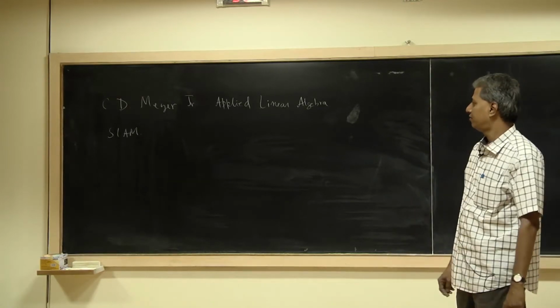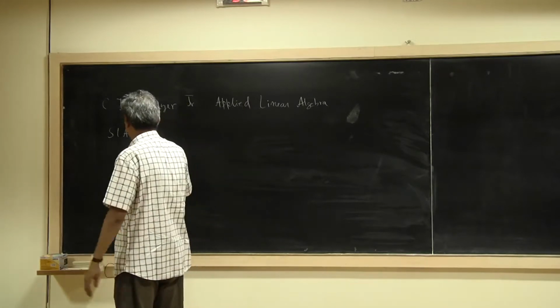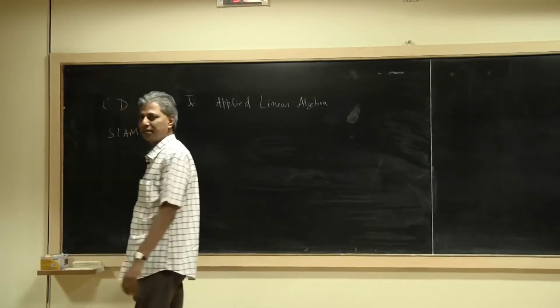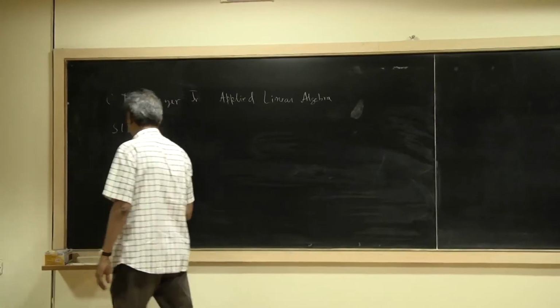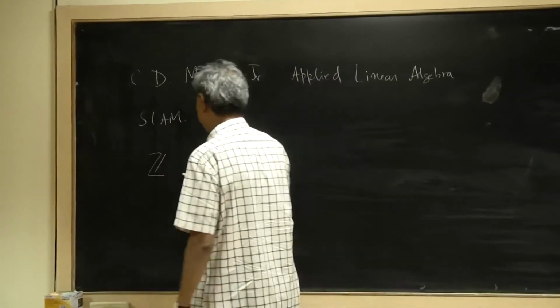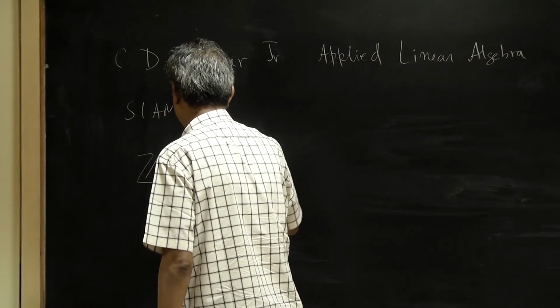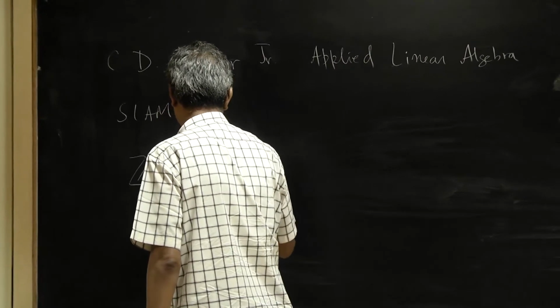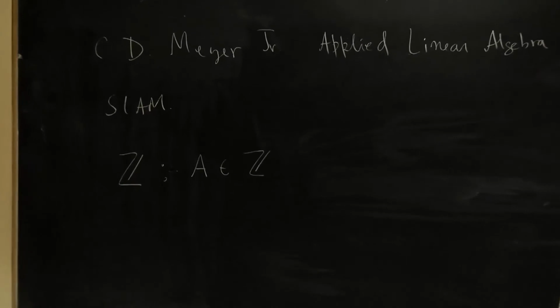So what is an invertible M-matrix? We start with a Z-matrix. What is a Z-matrix? I'll use this notation Z sometimes. When I say A belongs to Z, it means off-diagonal entries of A are non-positive.